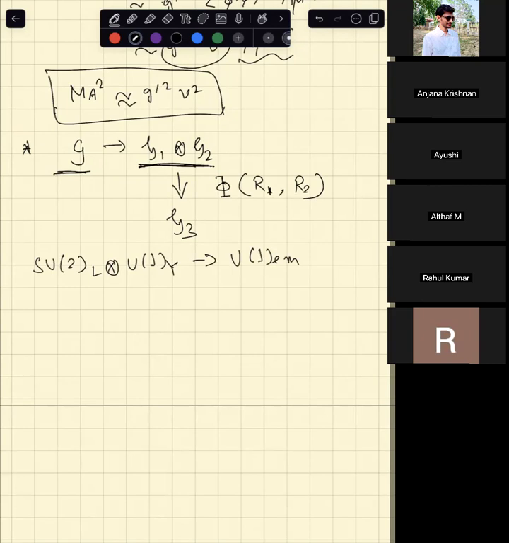Now, I need a scalar field which is not a singlet under SU2L. That means it has non-trivial SU2 charges, because if it doesn't have non-trivial SU2 charges, I cannot break SU2. So first I have to identify which symmetry I want to break, and my scalar field must have that quantum number. Then only that will be broken. So the SU2 quantum number must be there in the scalar field. And what is the lowest dimensional representation of the scalar? For SU2, that's two-dimensional.